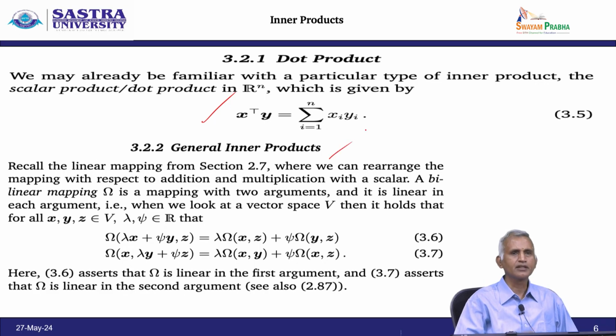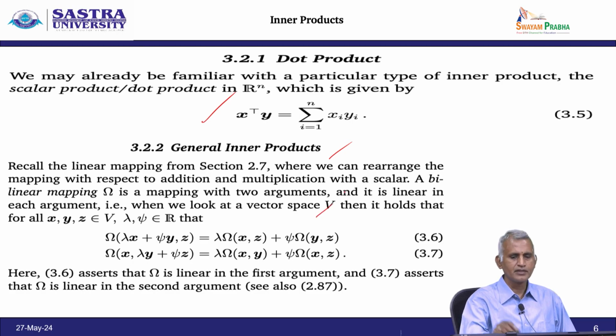a linear mapping, as in section 2.7, where we can rearrange the mapping with respect to addition and multiplication with a scalar. A bilinear mapping omega is a mapping with 2 arguments, and it is linear in each argument.